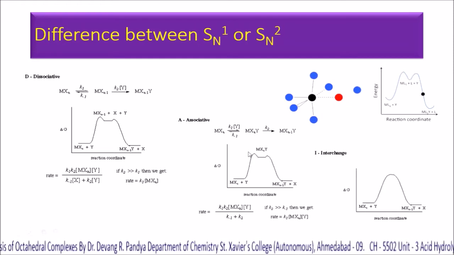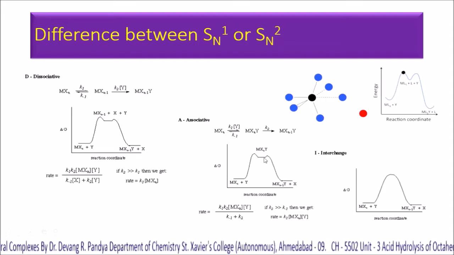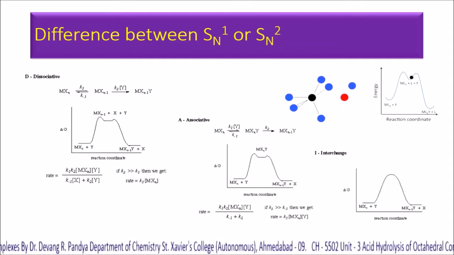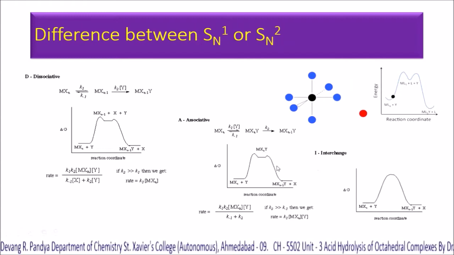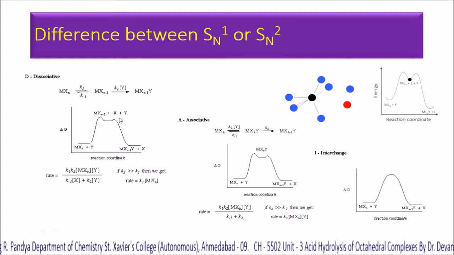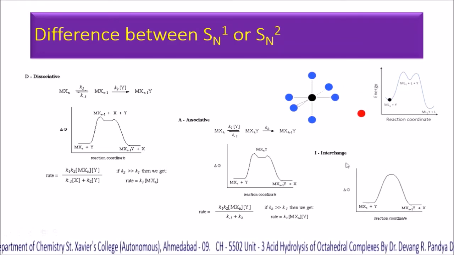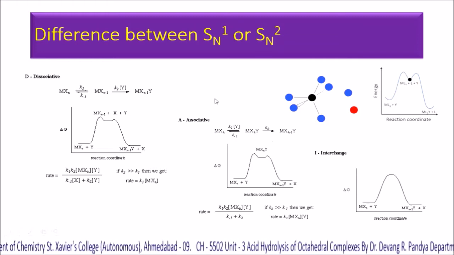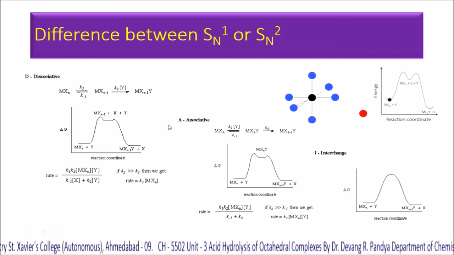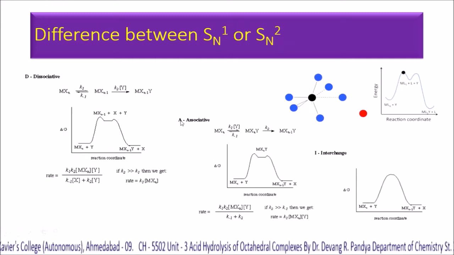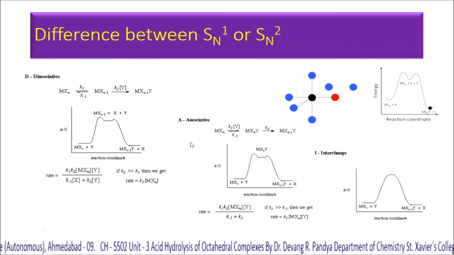In the associative mechanism there is an intermediate, a pentagonal bipyramidal intermediate with coordination number 7. But when there is no evidence of an intermediate, we get this kind of energy profile diagram. So this gives clarity on the difference between SN1 and SN2 mechanisms and interchange associative or dissociative mechanisms.